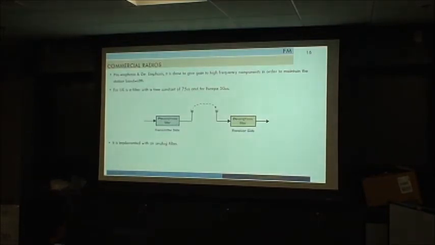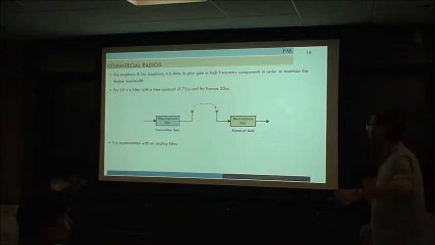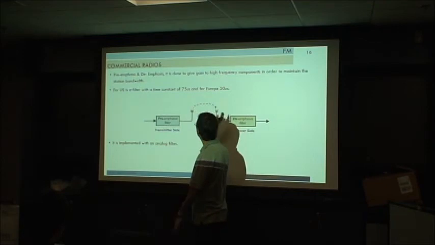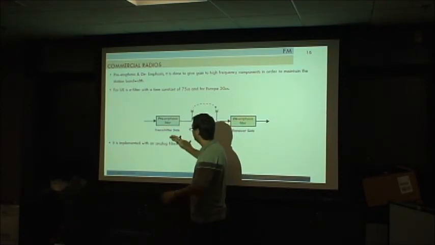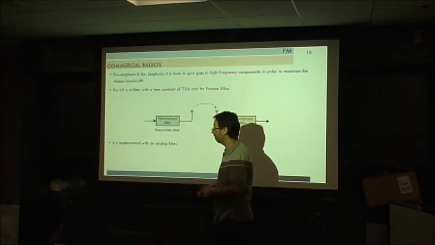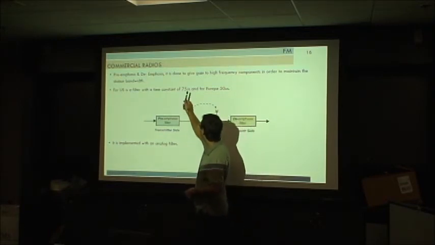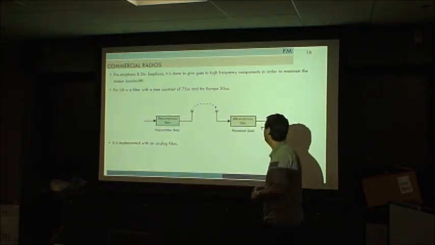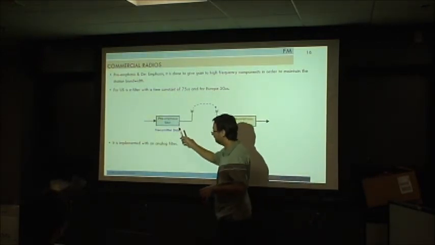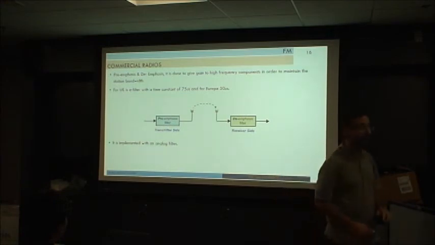And this is what I was talking about here. There are two standards, the US and the European, so there are different ways to implement this. This is implemented as a filter, as a delay on the filter. For the US it's 75 microseconds, Europe is 50. But what is important here is the pre-emphasis, that you remember what it is for.